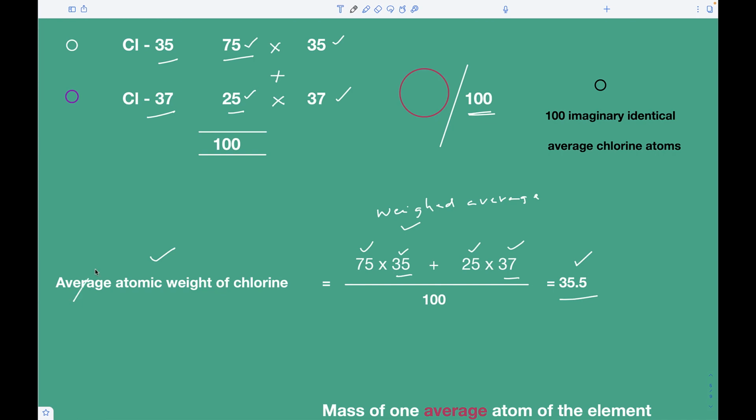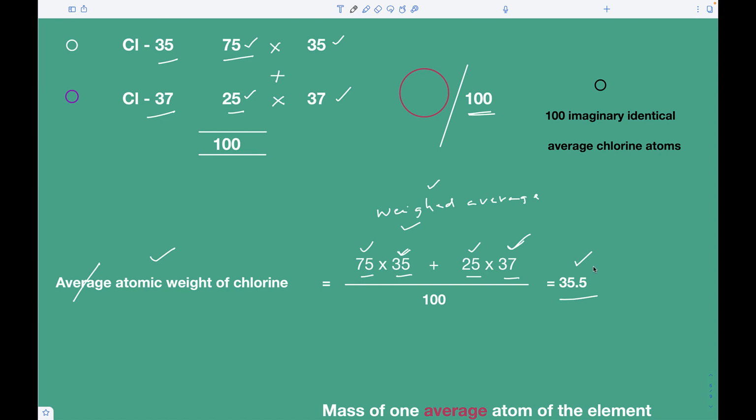Generally, we omit this word average and simply call it atomic weight of an element. So average atomic weight of an element and atomic weight of an element are one and the same. It is the weighted average of different isotopic weights of an element, taking into account their relative abundances.